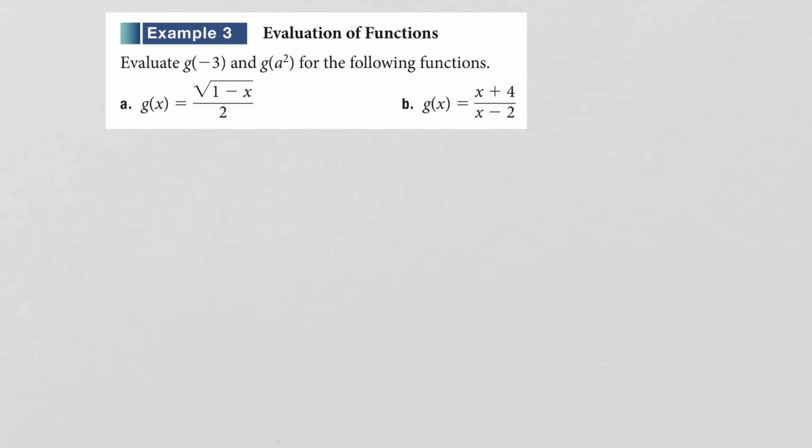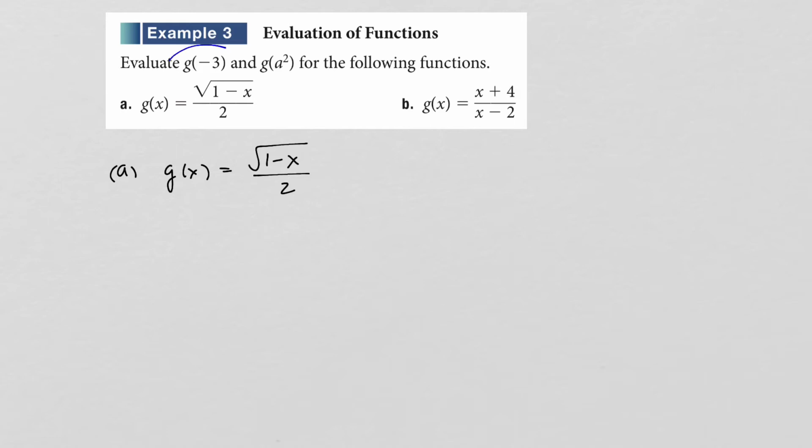Okay, so let's just try a couple more examples here just to make sure that we understand what's going on. So for example 3, they want us to evaluate g of negative 3 and g of a squared for the following functions. So in part A, g of x is the square root of 1 minus x divided by 2.